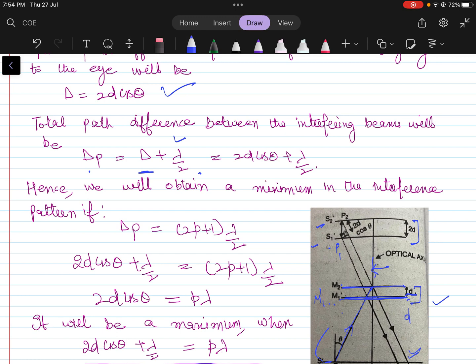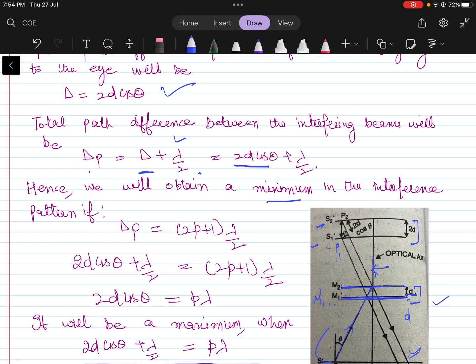Hence the path difference between the interfering beams will be delta p equal to delta plus lambda by 2, or 2d cos theta plus lambda by 2.